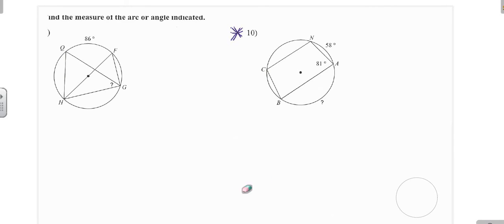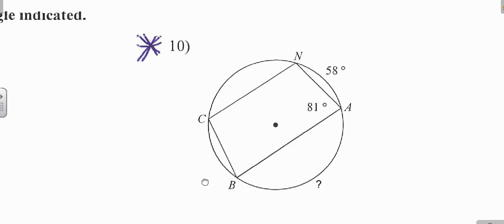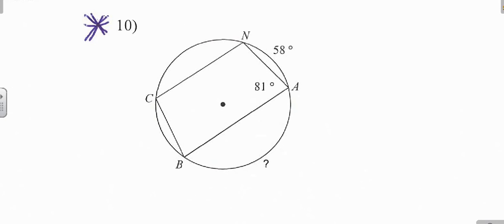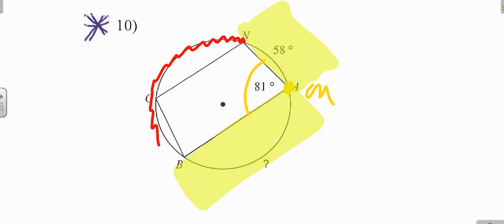So, taking a look here, knowing those two truths, if your post-its are like this, the angle right here is half of this arc that it's grabbing. So you go 81 times 2, 162.